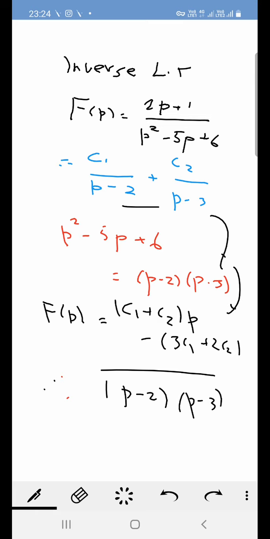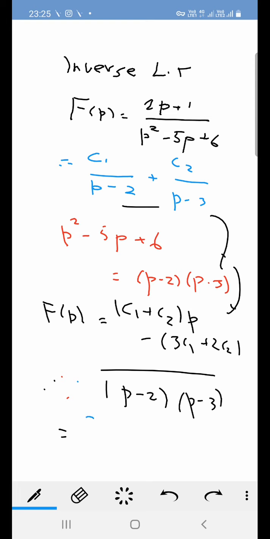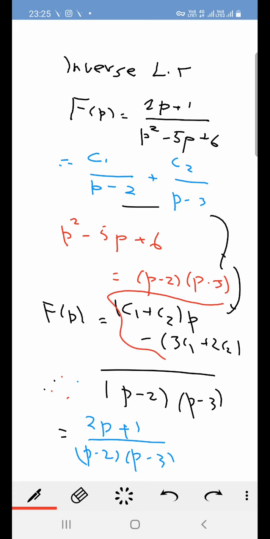This is actually equal to the initial expression, 2p plus 1 divided by p minus 2 and p minus 3. So this numerator must be equal to 2p plus 1.